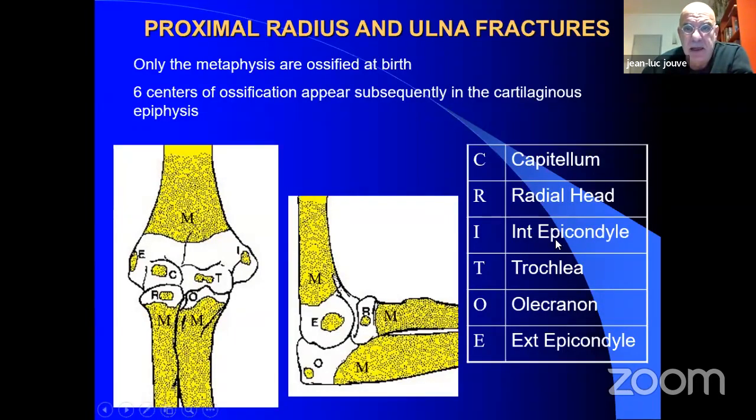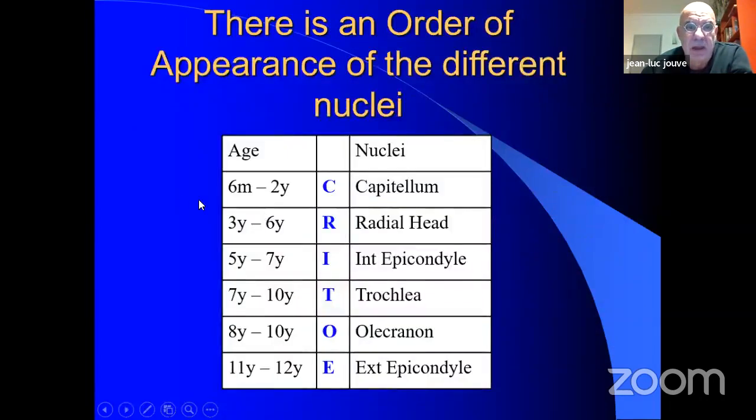This is a slide from yesterday, which explains that there are 6 centers of ossification, and it is important to know the age of appearance of the different nuclei to interpret the X-ray well.